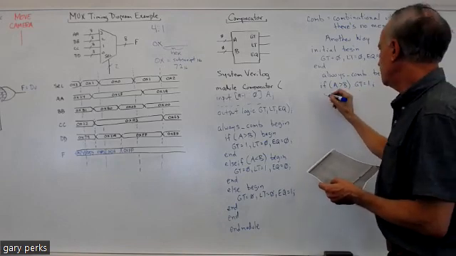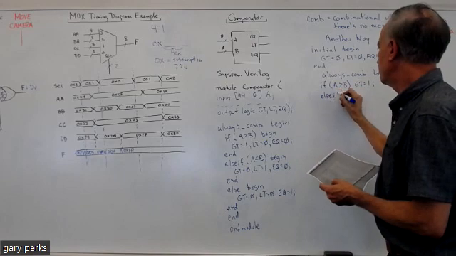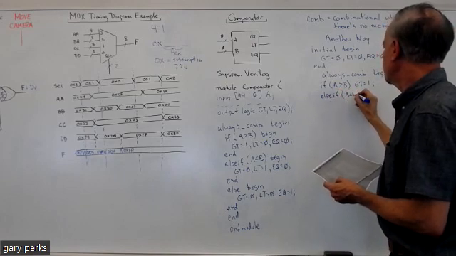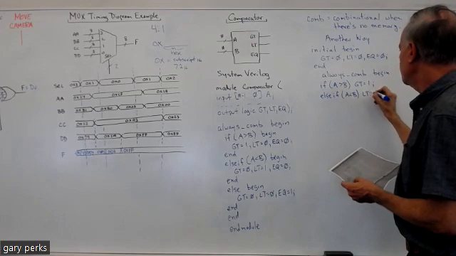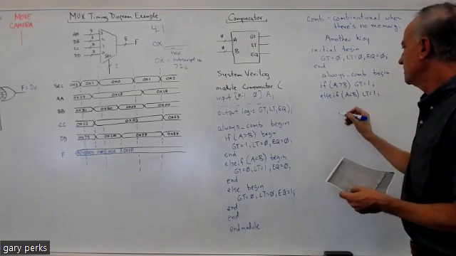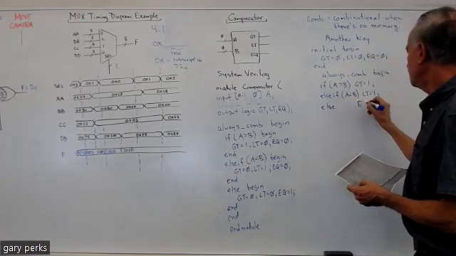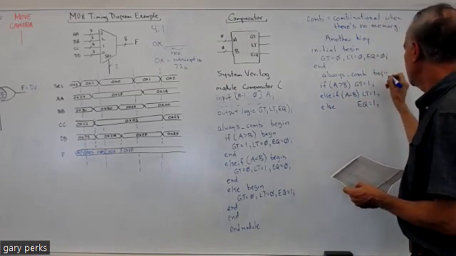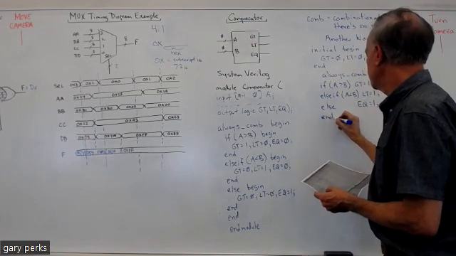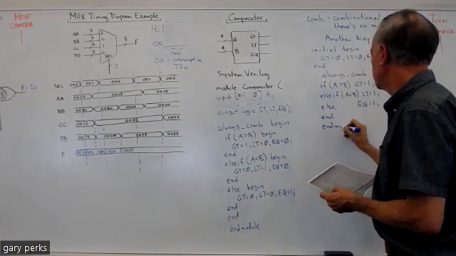And then I can just go else if A less than B, LT equals 1, else EQ equals 1. And then I can just end this and then end what?